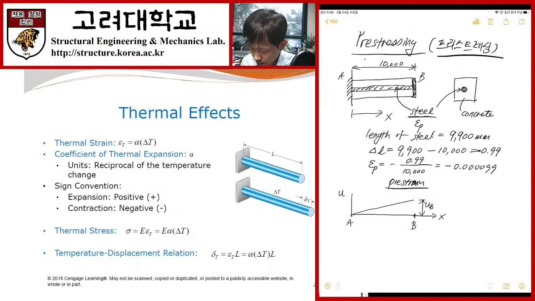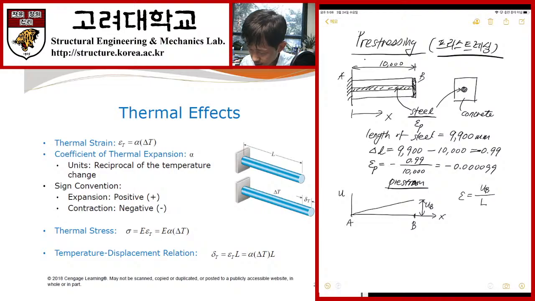Alright, then how do you calculate the strain? By using compatibility, we can calculate the strain. The total strain is UB divided by the length L. Isn't it right? Now let's calculate the stress of concrete.